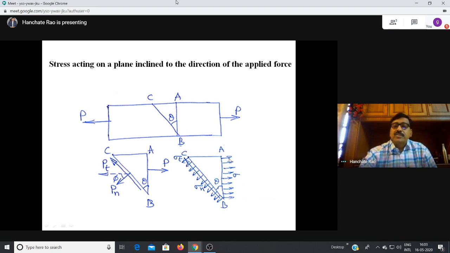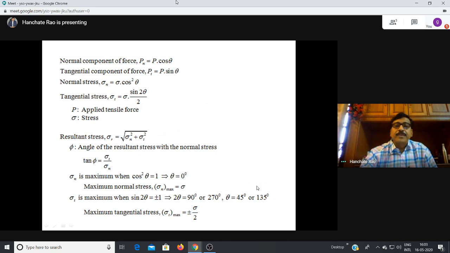We are applying stress sigma x in the x direction, so due to this we get sigma normal and sigma tangential on any inclined plane. Without going much into details, the normal stress sigma n on this inclined plane is equal to sigma cos squared theta, and the tangential stress is sigma sin 2 theta by 2.